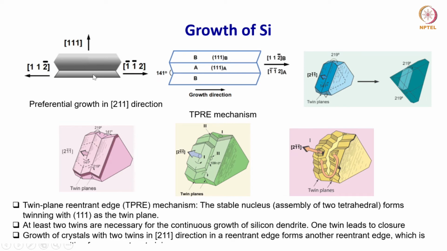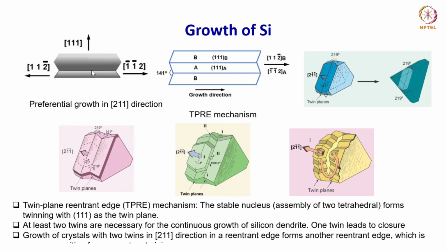You can consider that if you have twinning over here, this is like a plane, and across this, if you look at the atomic arrangement, this side will be a mirror image of the other side. That is what is known as twinning.